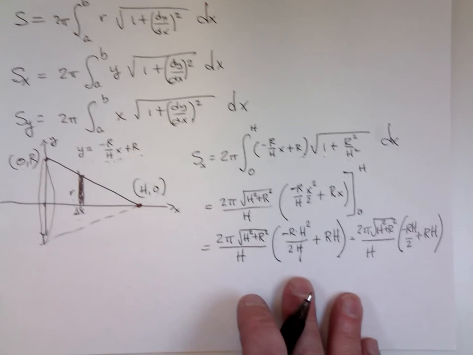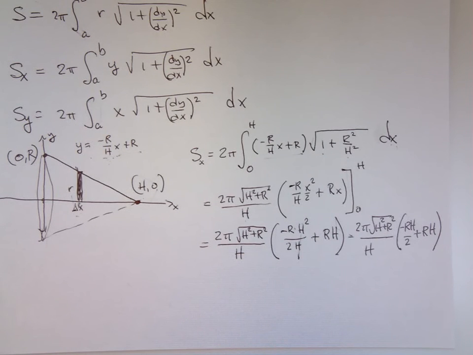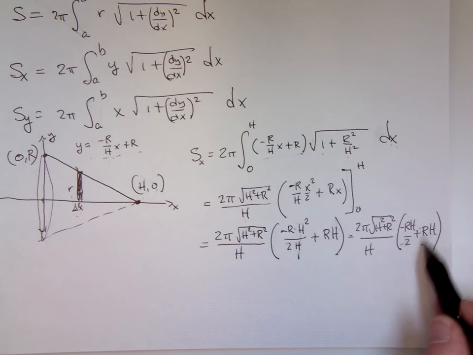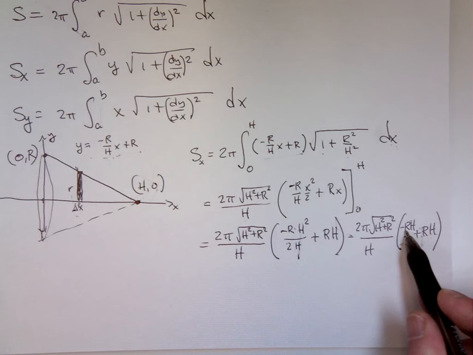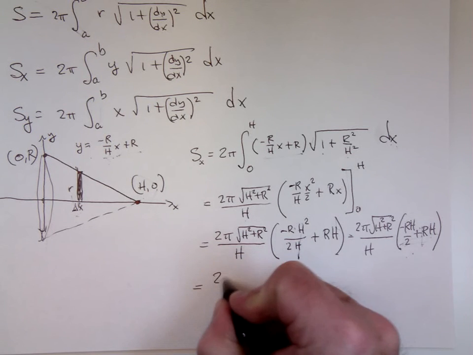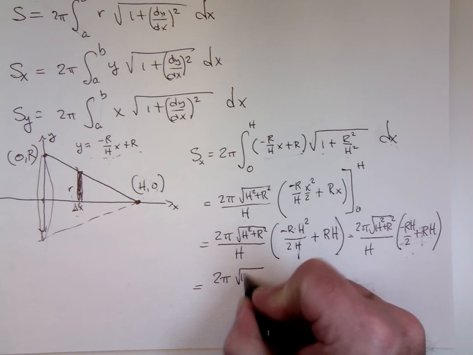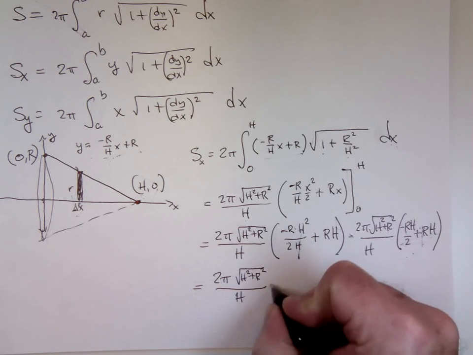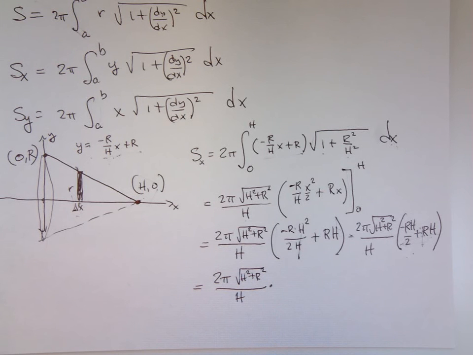Now, combine these into 1. I can multiply by 2 over 2. I get 2 rh minus 1 rh. This gives me rh over 2. So I have now 2 pi square root of h squared plus r squared over h times rh over 2.